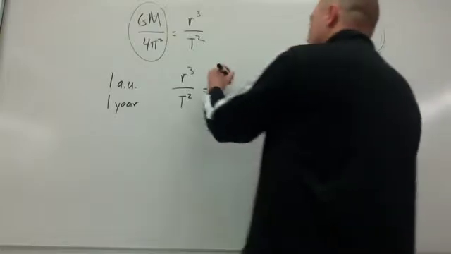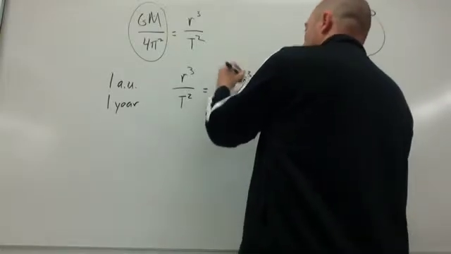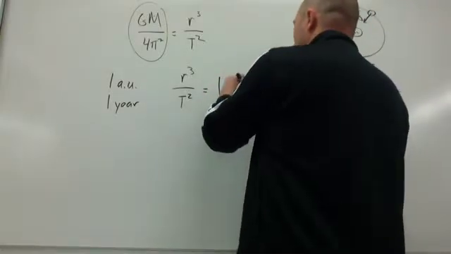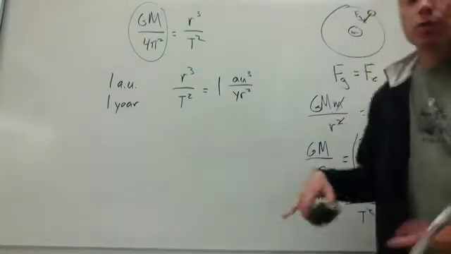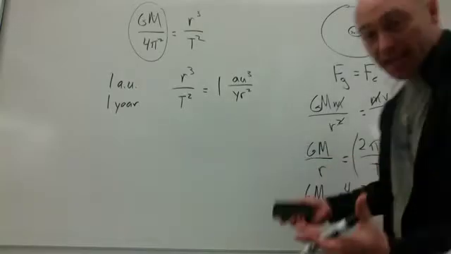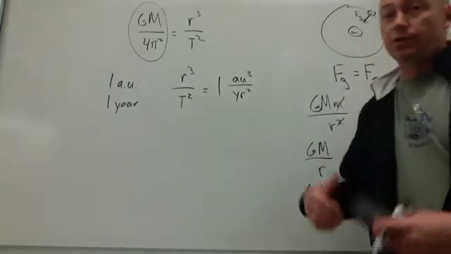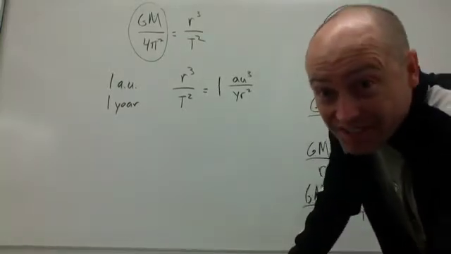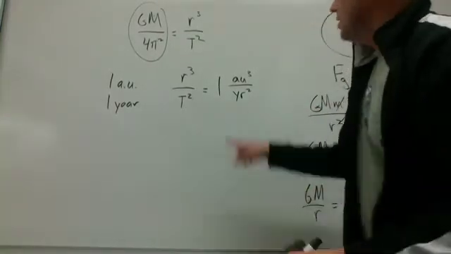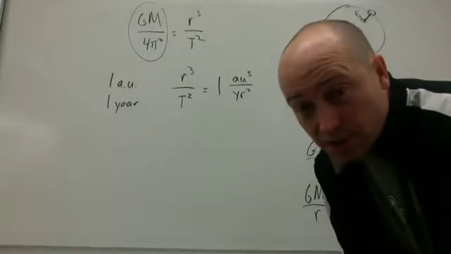Okay, now it is 1, the units are a little weird, AU cubed over years squared, but it's 1, which is a really nice number, which means we can do things like, hey, there's some random asteroid orbiting the sun, and the average distance that asteroid is from the sun is 4 times the Earth's distance from the sun.